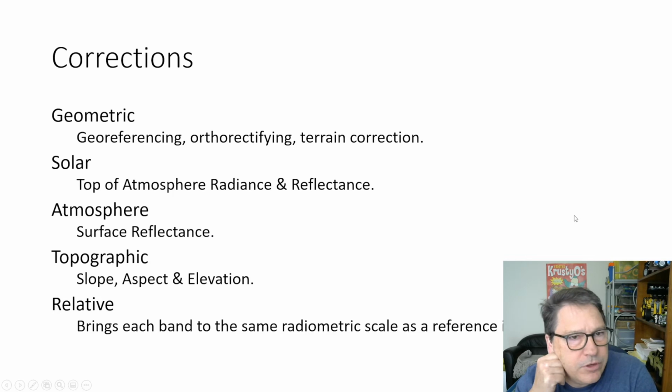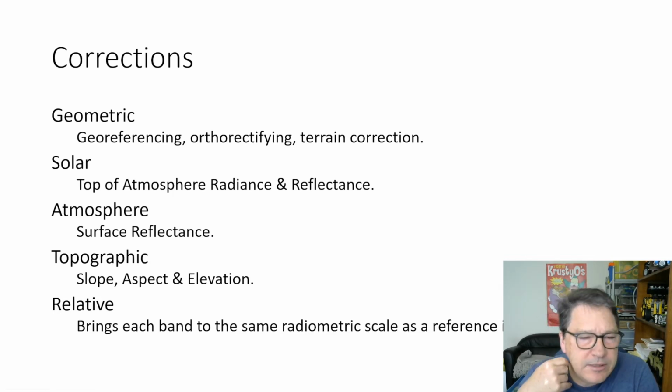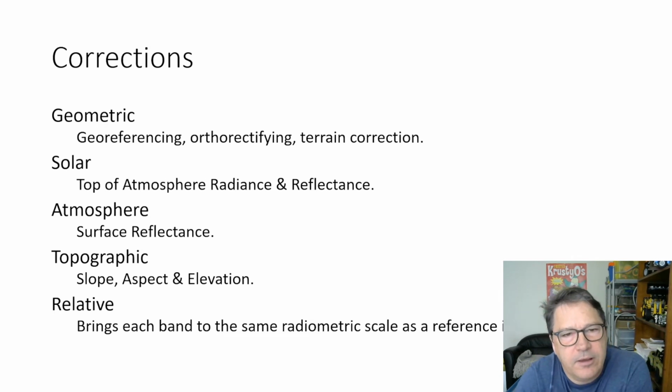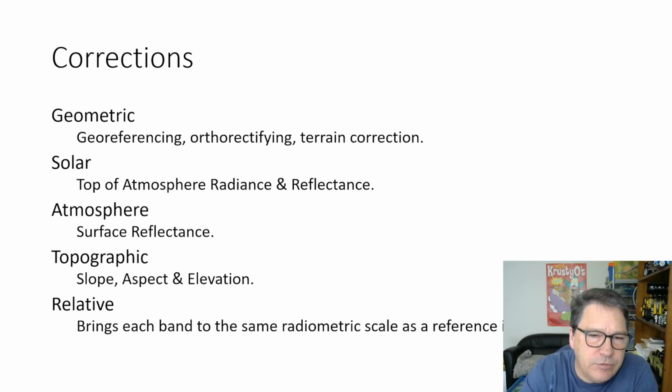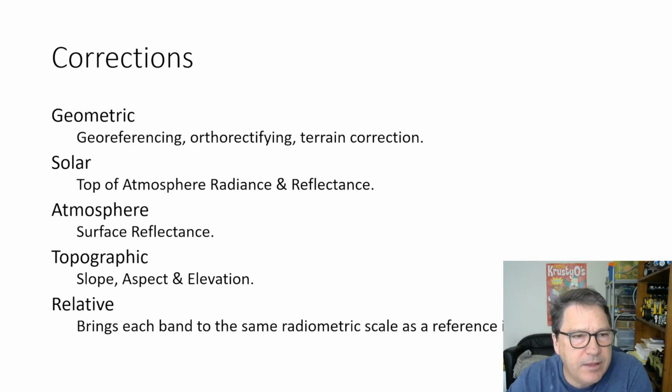So just a bit of a word on corrections that get applied. Firstly, there are all sorts of geometric corrections: georeferencing, orthorectifying, and terrain corrections. That's all performed by the USGS to get from level 0 up to level 1, which they then deliver to you. Then you've got your solar corrections, which include your top of atmosphere radiance and reflectance calculations, which you can perform.